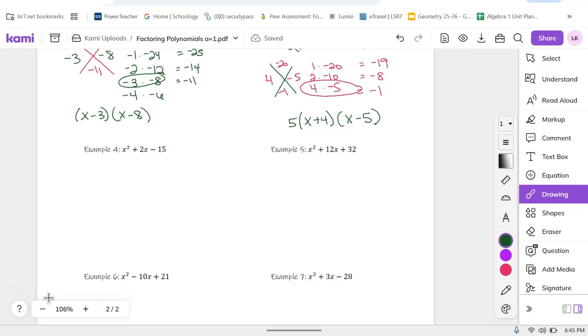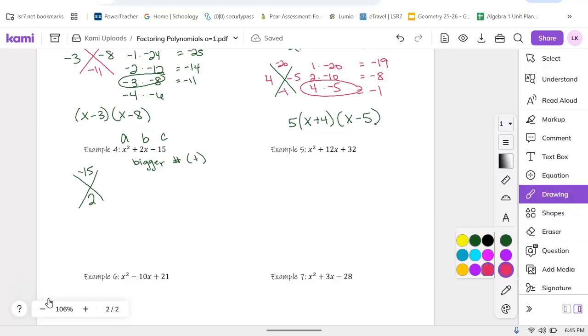Example 4, I have x squared plus 2x minus 15. I cannot take anything out, so I'm going to have a, b, c. Negative 15 and 2. Since my c is negative and my b is positive, my bigger number has to be positive.